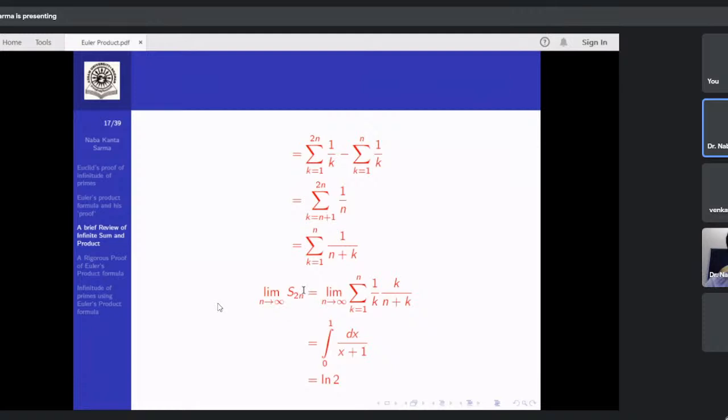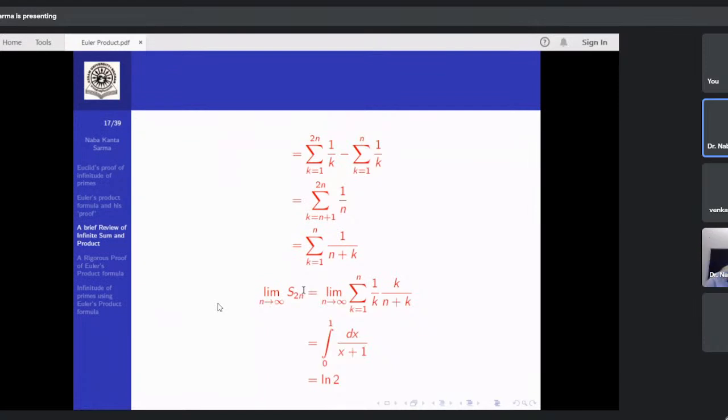Now, I already know that the alternating harmonic series converges. That means the sequence S_n converges. And we know that when a sequence converges, any subsequence of that sequence converges to the same limit.